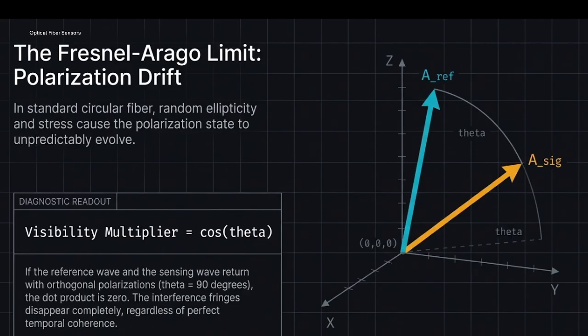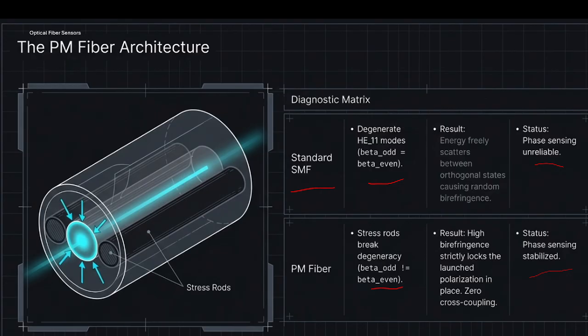Then we discuss the Fresnel-Arago limit, where the visibility multiplier is cos theta. For orthogonal polarization, if theta is 90 degrees, then the dot product is 0. Then we discuss the PM fiber architecture, why it is important, because we need to break the degeneracy.